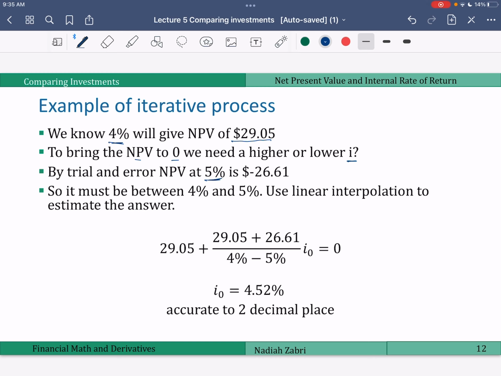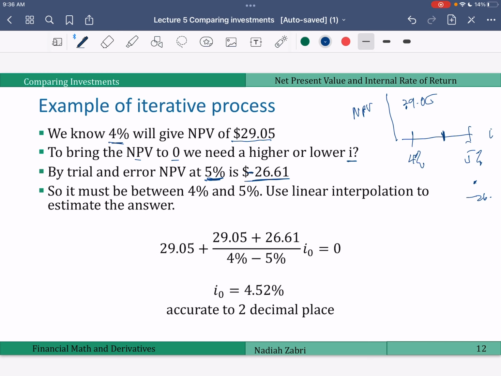When we try NPV for 5%, it is negative 26.61. So at 4%, NPV is going to be positive 29.05. At 5%, it is going to be negative 26. So to get an NPV of 0, the i has to be somewhere in between 4 and 5%.